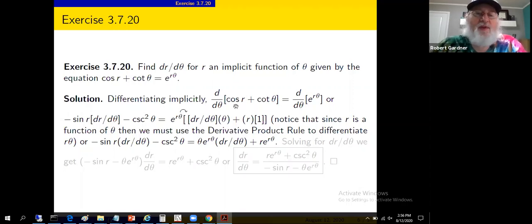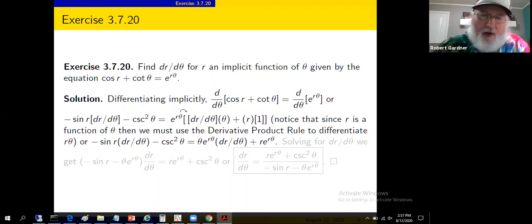Okay, what's the derivative of cosine r? Oh, I left a little arrow off, should have a little arrow there. We'll differentiate the outer function. Derivative of cosine is negative sine of r. And then the chain rule says multiply by the derivative of the stuff inside. So that produces a dr d theta. Don't forget the dy dx's.